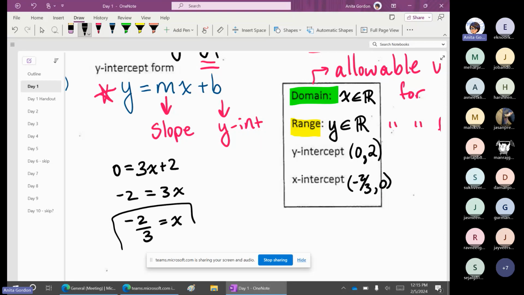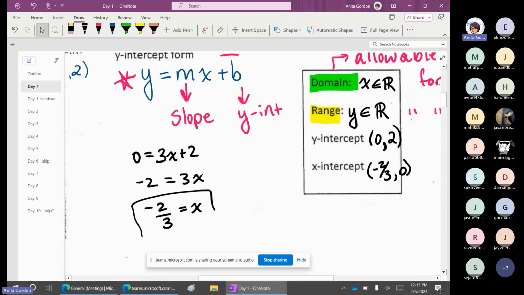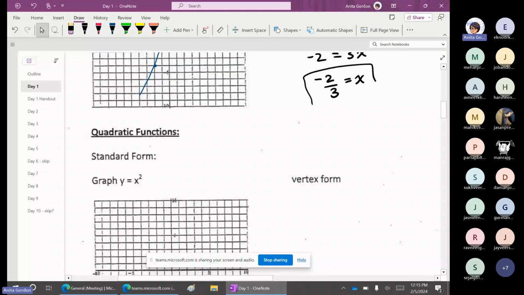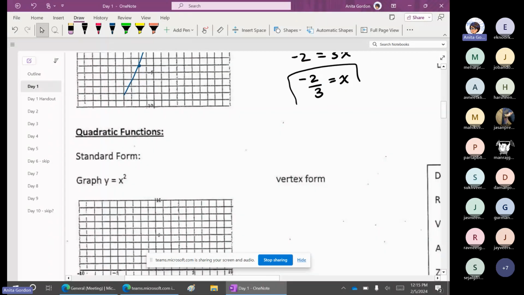So then in grade 11, you guys leveled up and started talking about quadratics. There are 3 different ways to write a quadratic formula, and each way tells us a different piece of information. So in standard form, we had ax squared plus bx plus c equals y. What information can I get from this type of equation?